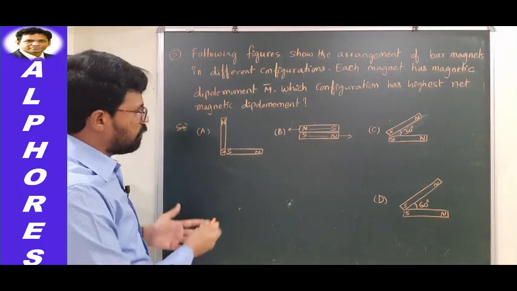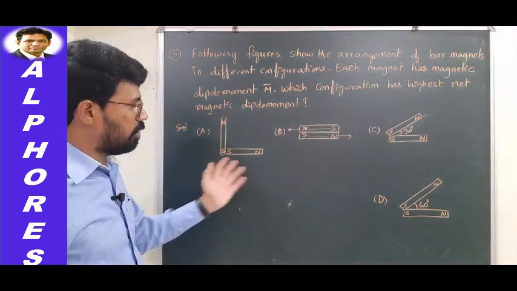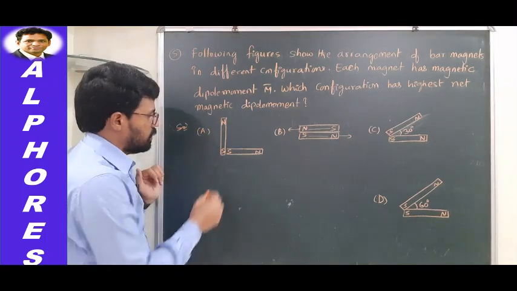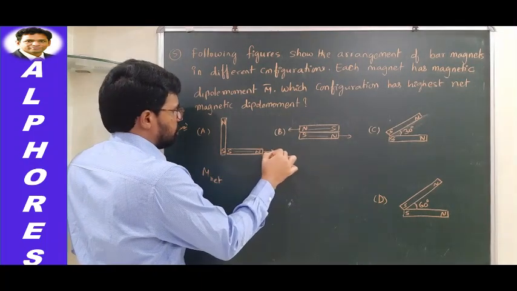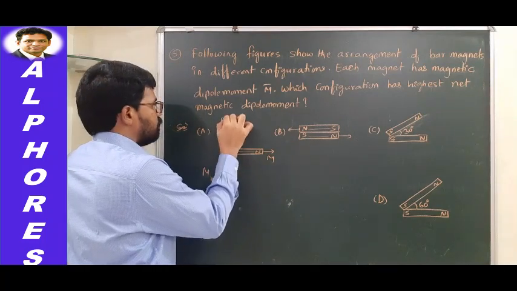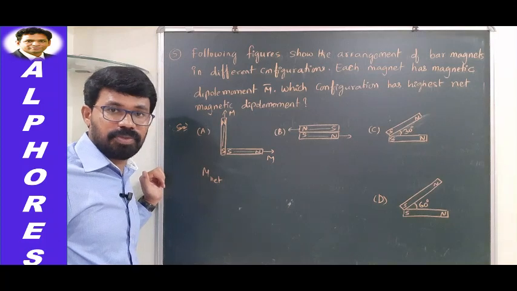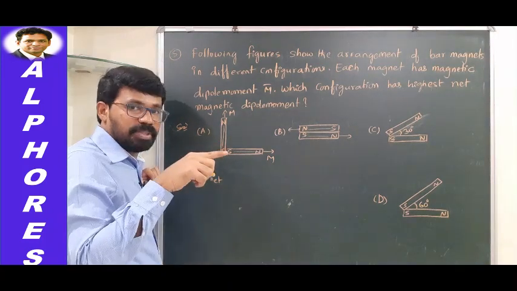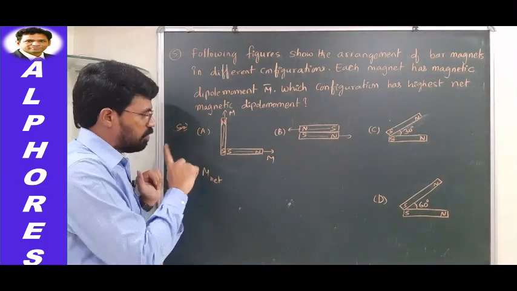But let us try to find out individually what the magnetic dipole moments are, and we'll come to know which one is highest. So here m net, it is expressed as, this is m. Remember, magnetic moment's direction will be always from south to north. Like electric dipole moment's direction is from negative charge to positive charge. Similarly here, from south to north.